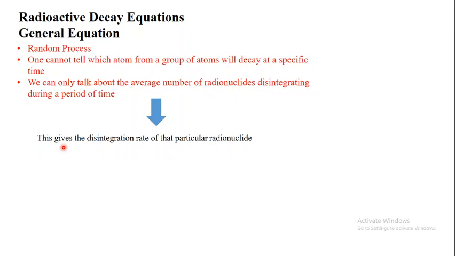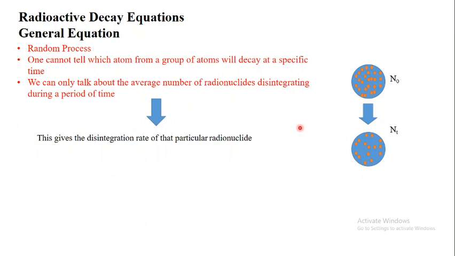Rate means per unit time how much quantity, how many radionuclides disintegrated and converted into the daughter nuclides. So in this regard, we would be able to calculate the rate of disintegrated radionuclides, which we consider mathematically.